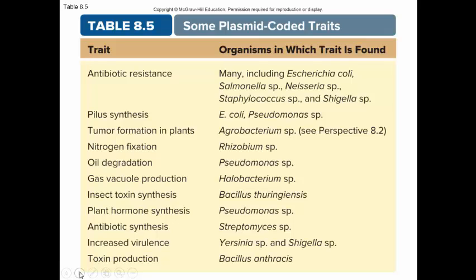Here are some plasmid-coded traits. Antibiotic resistance, lots of them. Pili synthesis, tumor formation in plants. Nitrogen fixation, oil degradation, gas vacuole production, insect toxin synthesis, plant hormone synthesis, antibiotic synthesis, increased virulence, toxin production.